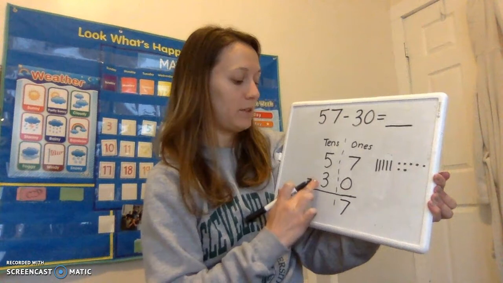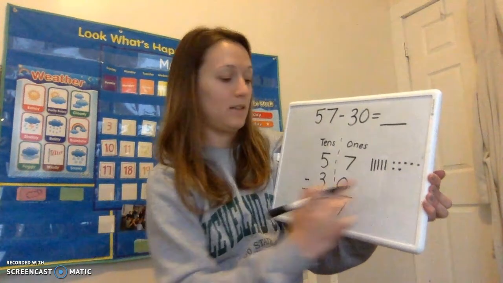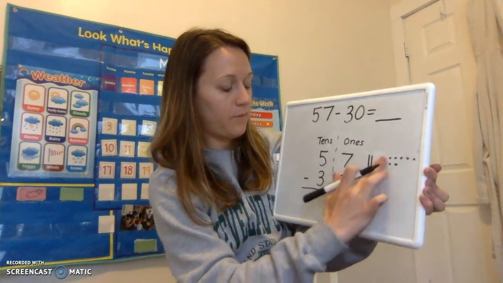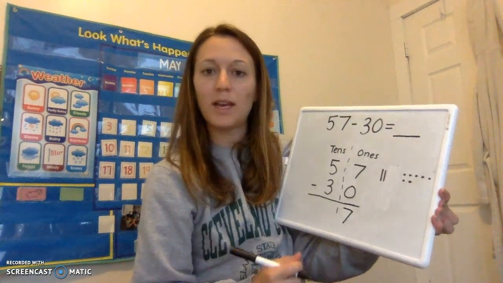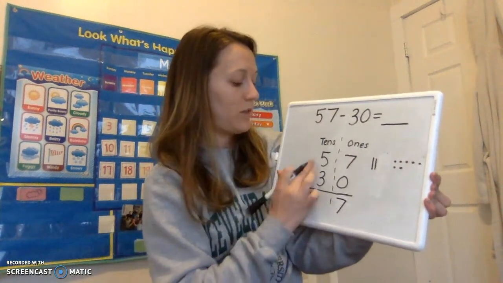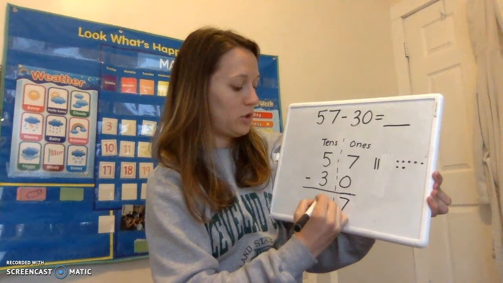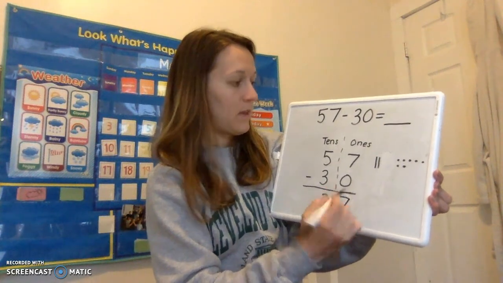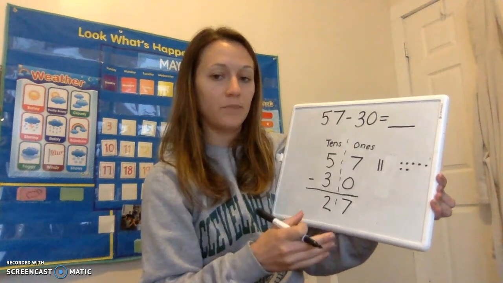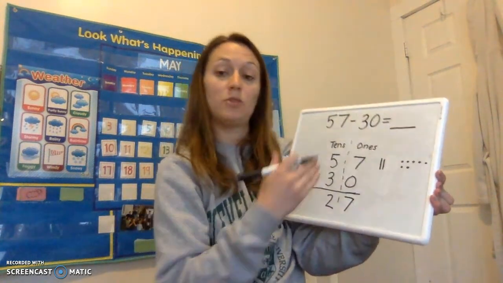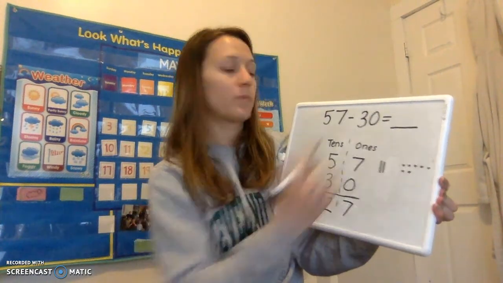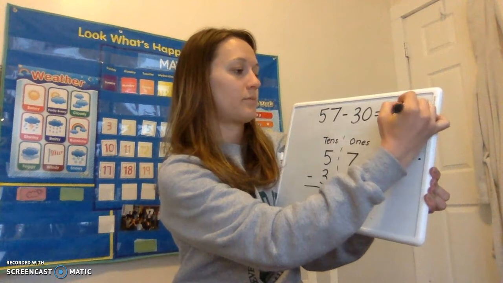Count with me. We're going to take away 3 tens. 1, 2, 3. How many tens do I have left over? I have 2 tens left over, so 5 minus 3 equals 2. So if I set up my subtraction problem up and down, it was a little bit easier for me to solve. So 57 minus 30 equals 27.